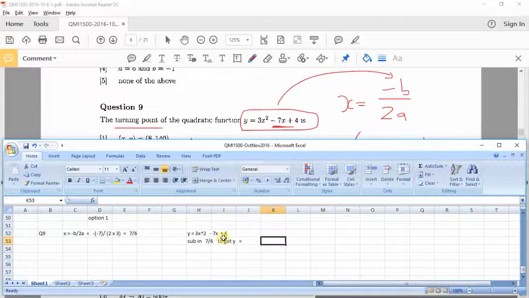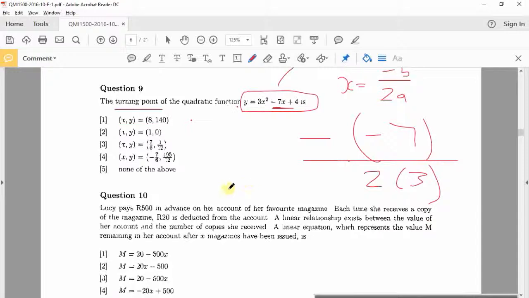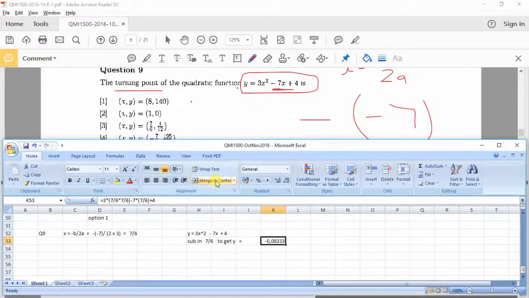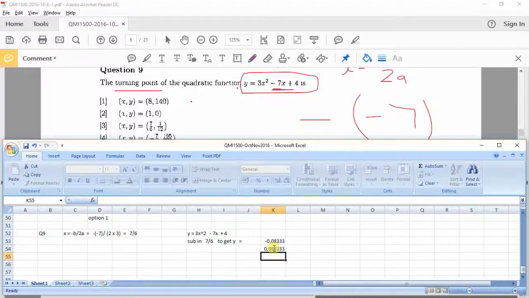Okay, so let's see. y equals 3 times (7 divided by 6) times (7 divided by 6), minus 7 times 7 divided by 6, plus 4 equals that. 7 divided by 6, it's probably 3. Let's just check that. 1 over 2. 1 divided by 12 is that, yes.